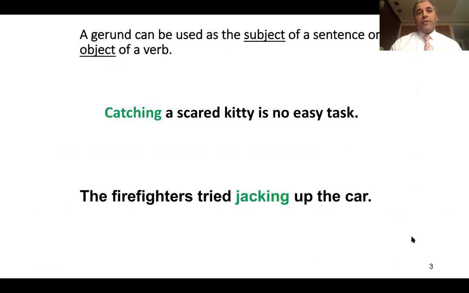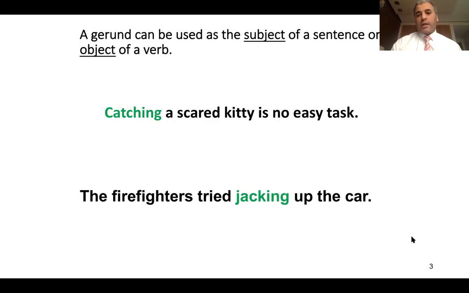Now, you see here, a gerund can be used as the subject of a sentence or the object of a verb. This is what I have just told you when talking about the paragraph. The gerund is no more a verb, it becomes functioning like a noun, and we know that nouns are either used as subjects of a sentence, as objects of a verb, or as objects of a preposition.